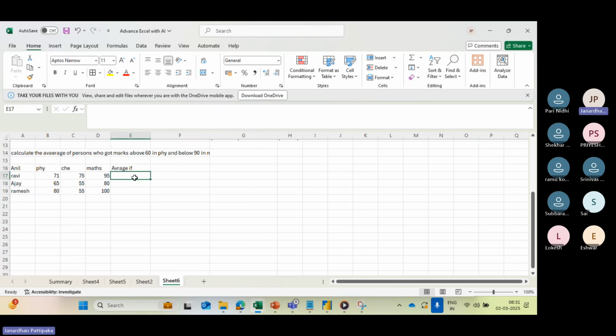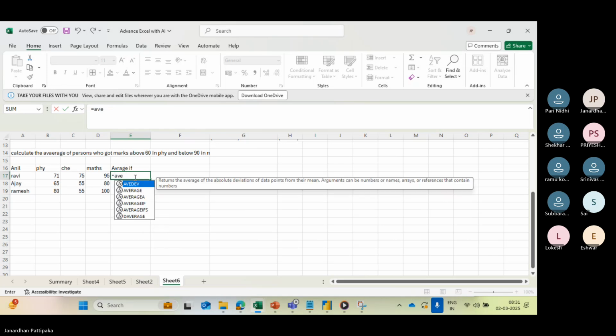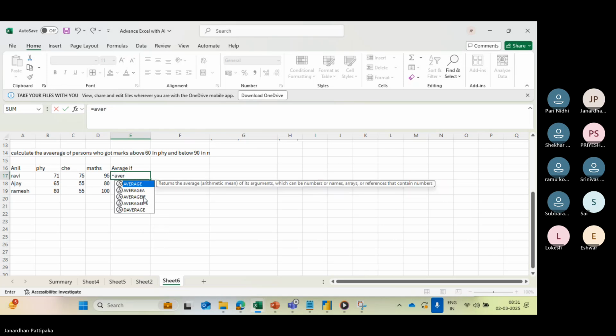So instead of taking specific marks, I will take the range of the marks between above 60 and below 90. So I will take is equal to average ifs.